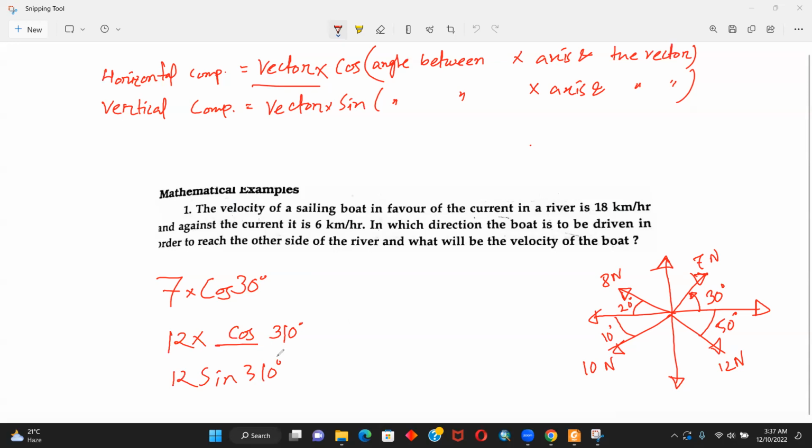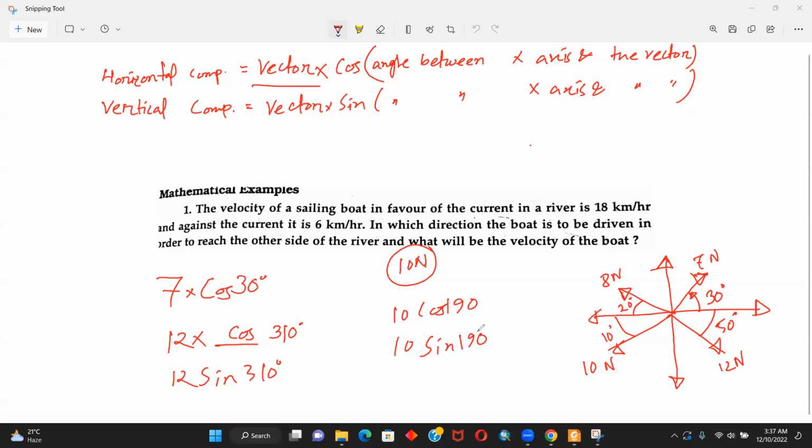All right. Now let me know, for 10 newton, what is the horizontal component and what is the vertical component? Our horizontal component would be 10 cos 190, and the vertical component 10 sine 190.